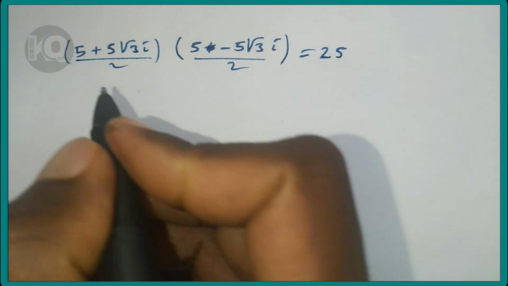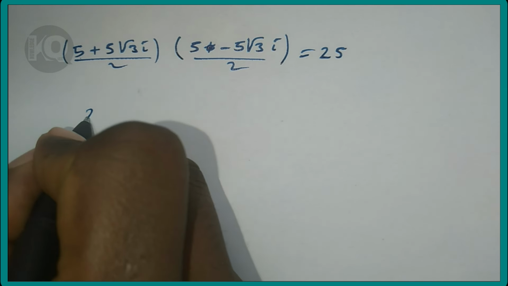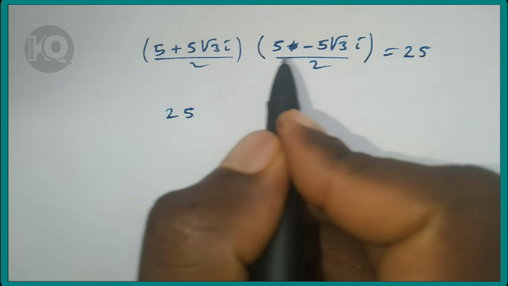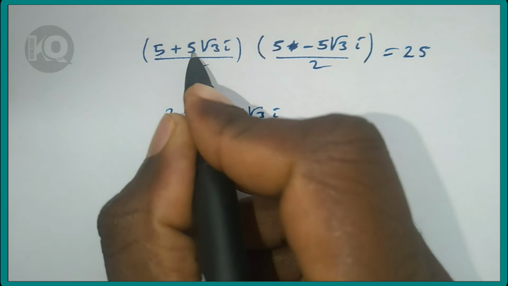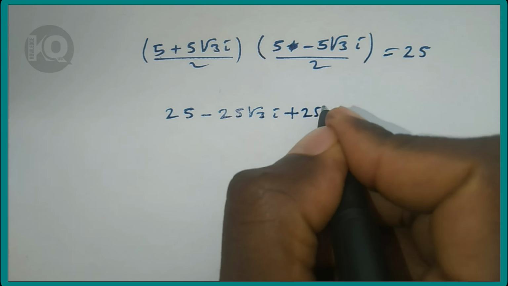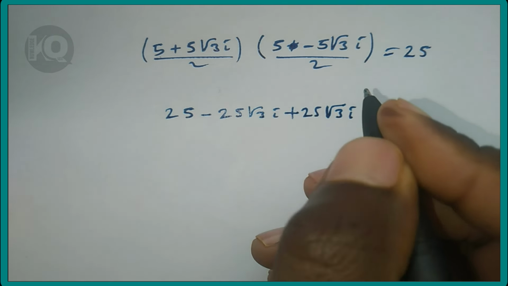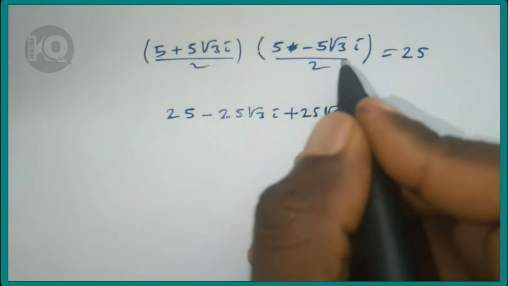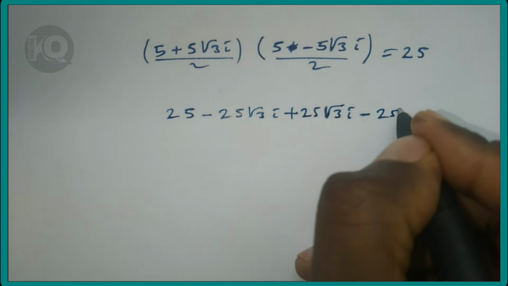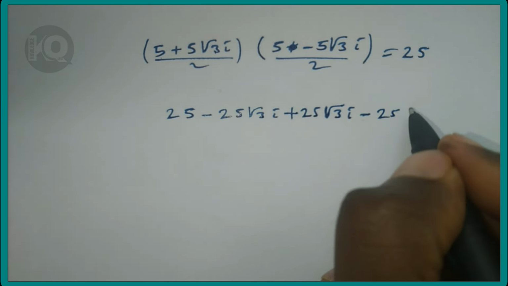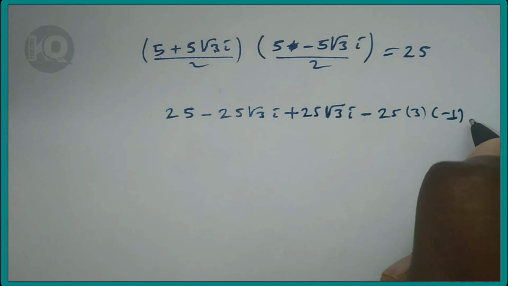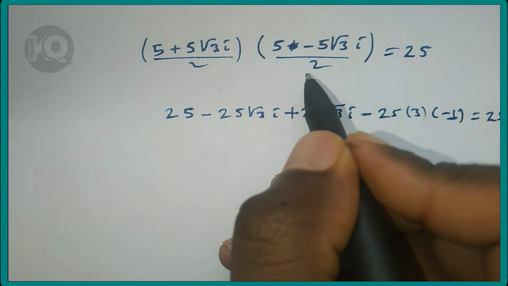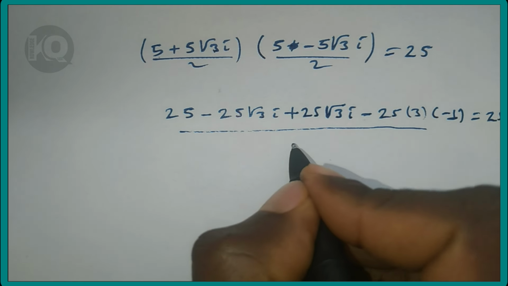Now let's multiply this. 5 times 5 is 25, and 5 times minus 5 root 3 i, this one times this one, plus 5 root 3 i, and this times this, minus 5 times 5, 25, root 3 times root 3 is 3, and i times i is minus 1, over 2 times 2, which is 4.